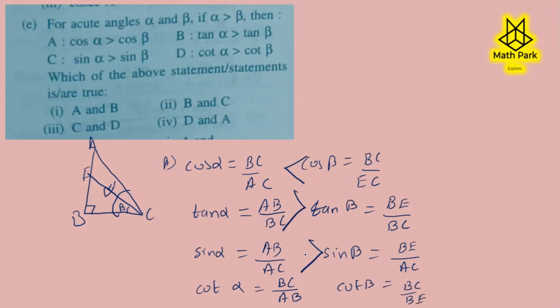Now in this case, you will have cot alpha is lesser than cot beta. So in here you have option B, tan alpha greater than tan beta is correct. And option C, that is sine alpha is greater than sine beta is correct. So option B and C. So second option is the correct option.